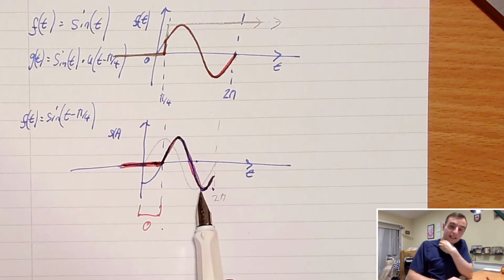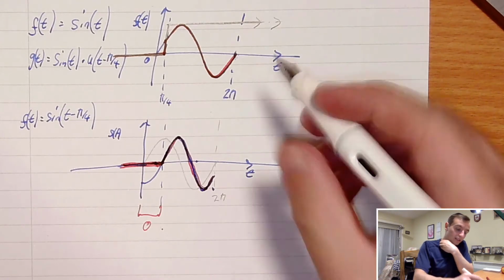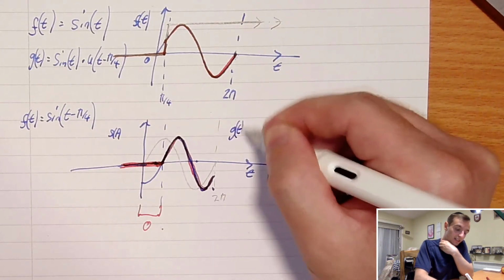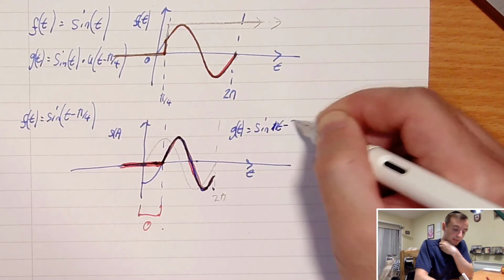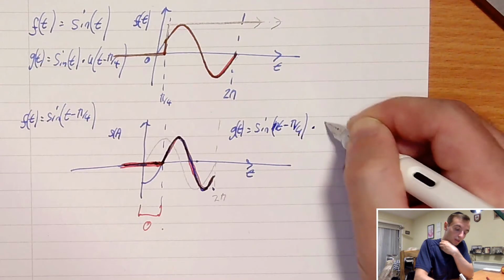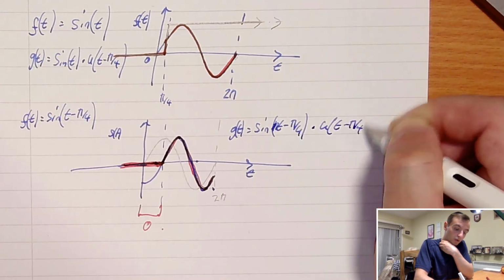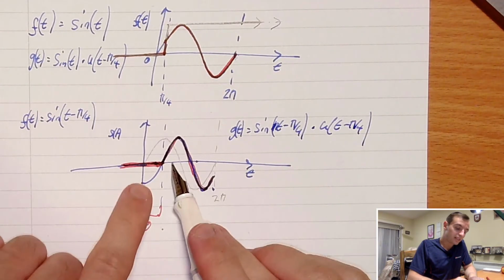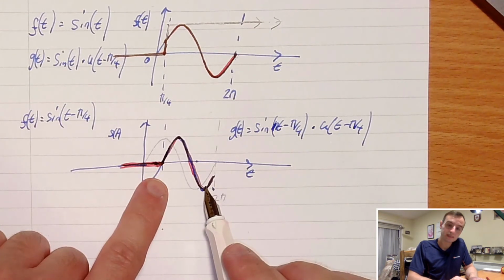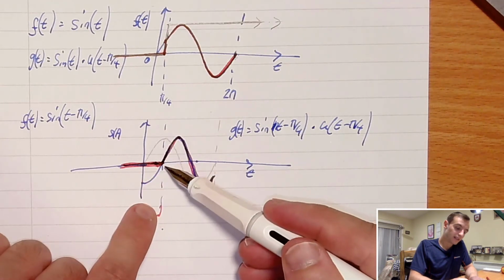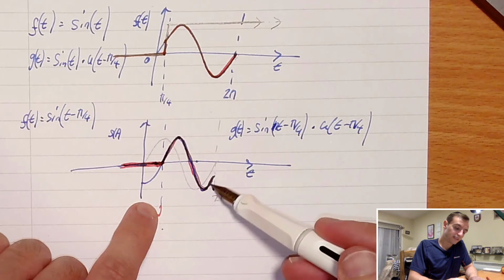And what we can see here is that, let's just write that. If we say g(t) = sin(t − pi/4) · u(t − pi/4), well, this looks very, very similar to sin t with no shift. Because think about it. This part over here is just sin t.